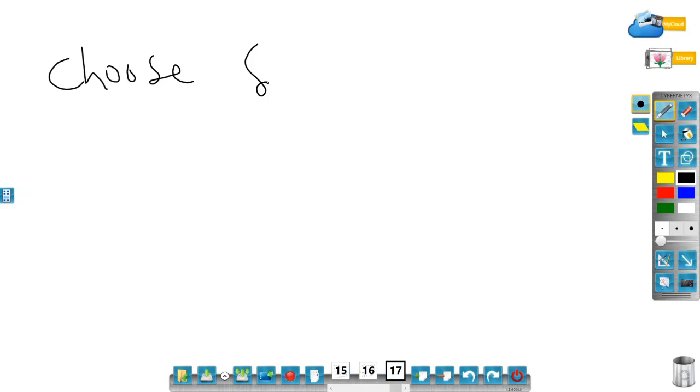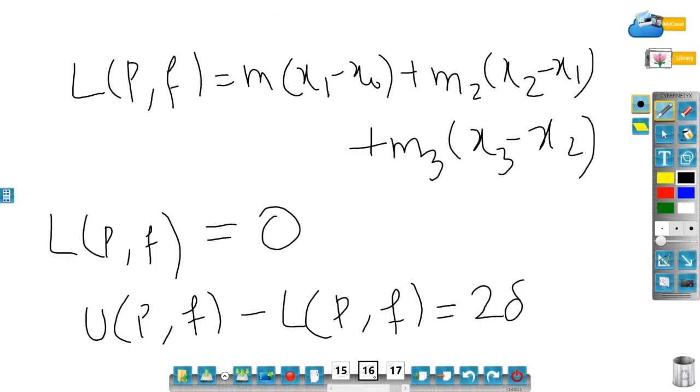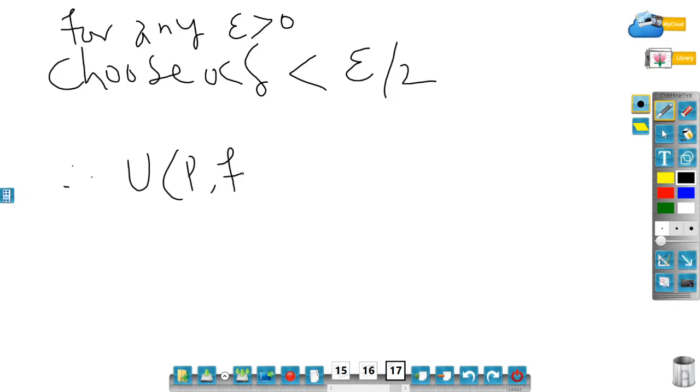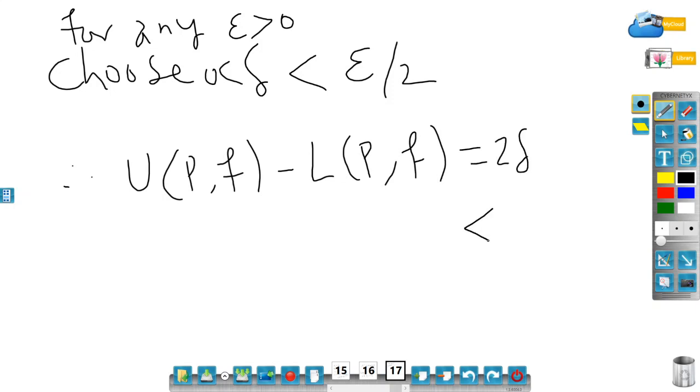So for any epsilon greater than 0, choose delta less than epsilon by 2. Therefore, since delta is greater than 0, U(P, f) minus L(P, f) is equal to 2 delta, which is less than 2 times epsilon by 2, which is epsilon.